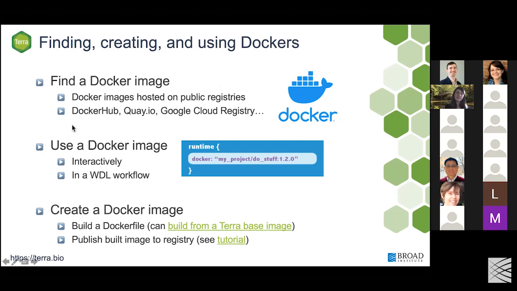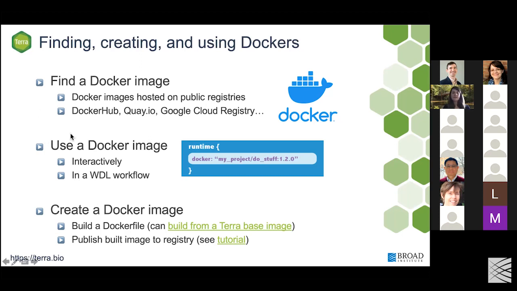Some examples are Docker Hub, Quay.io, and Google Cloud Registry. You can go to any of these public registries and search for Dockers that have software that meets your needs. It could be anything from GATK to aligner software like STAR. Basically any software that you need can be hosted in a Docker image.